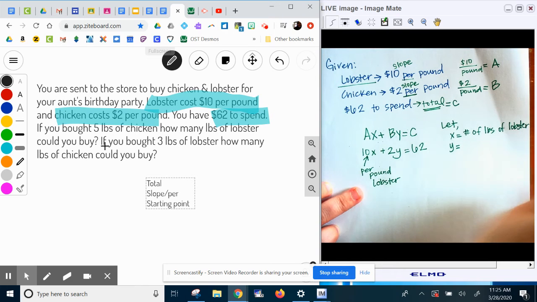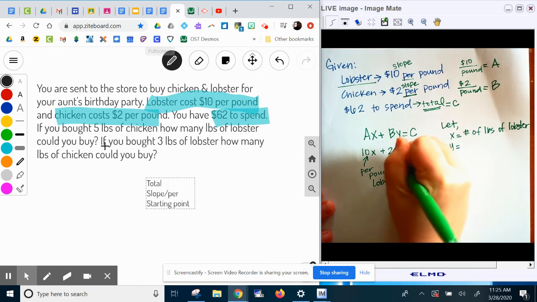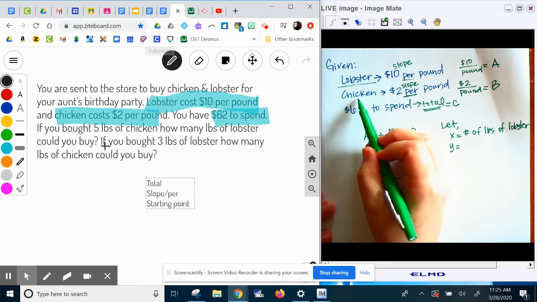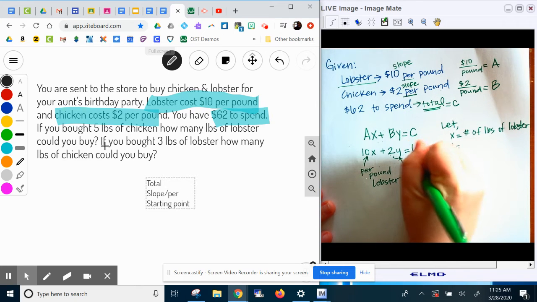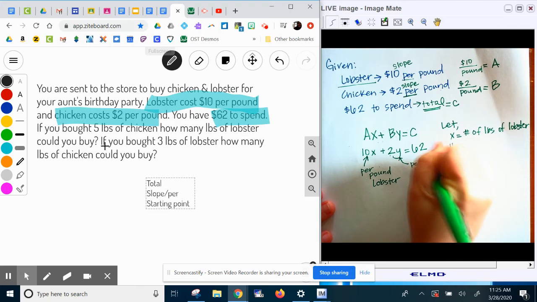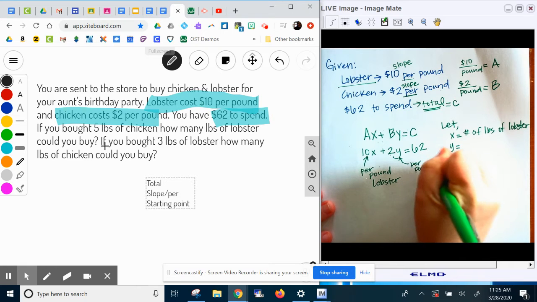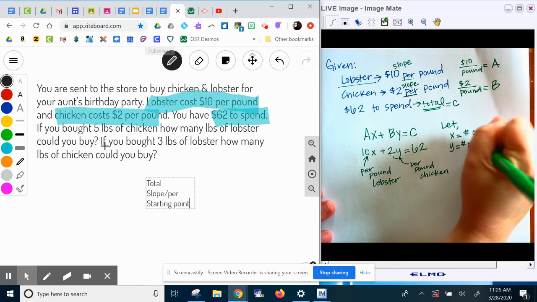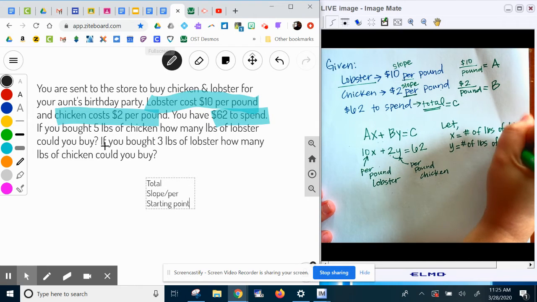Remember, an x and a y have to be things we don't know. We don't know how many pounds of lobster we bought. My y is connected to my 2, which was $2 per pound of chicken, so y must be my number of pounds of chicken. I don't know how many I bought.